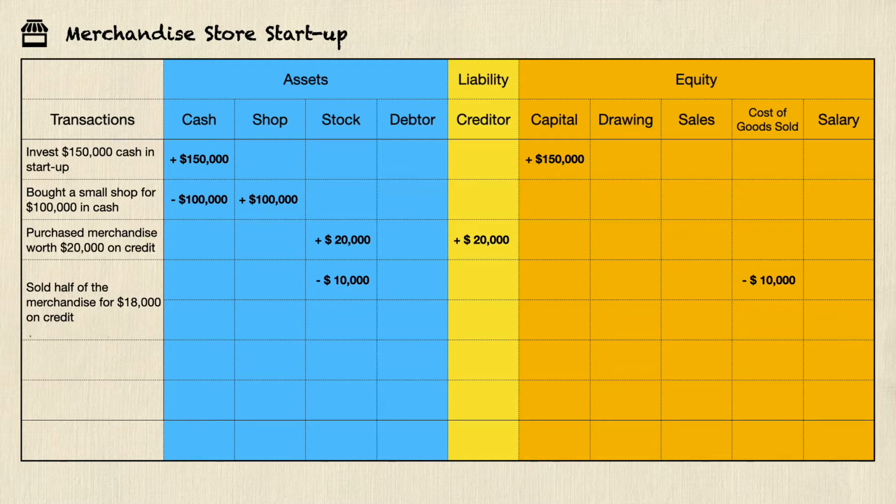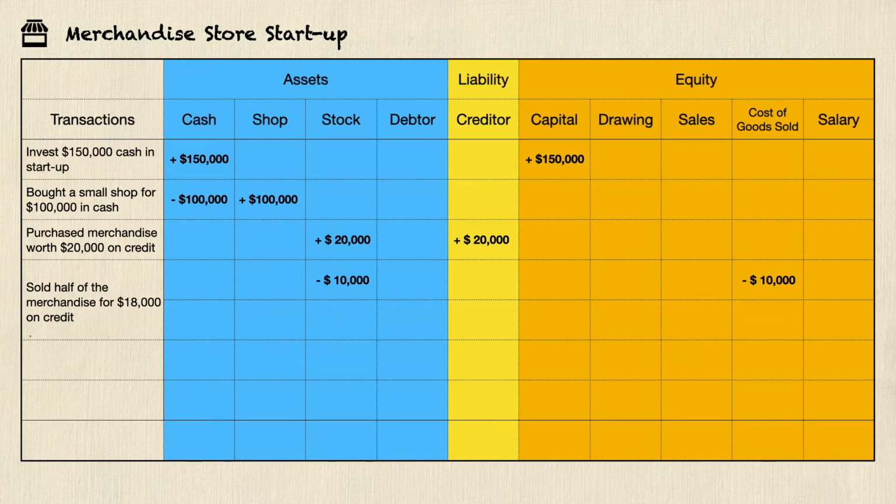Now, the second part of this sale transaction is the revenue that is generated. This represents how much the business charged the customers for the merchandise. In this case, $18,000. There would be an increase in cash if the merchandise was sold for cash. However, the owner sold the merchandise to the customer on credit, probably delaying collection to encourage sales.